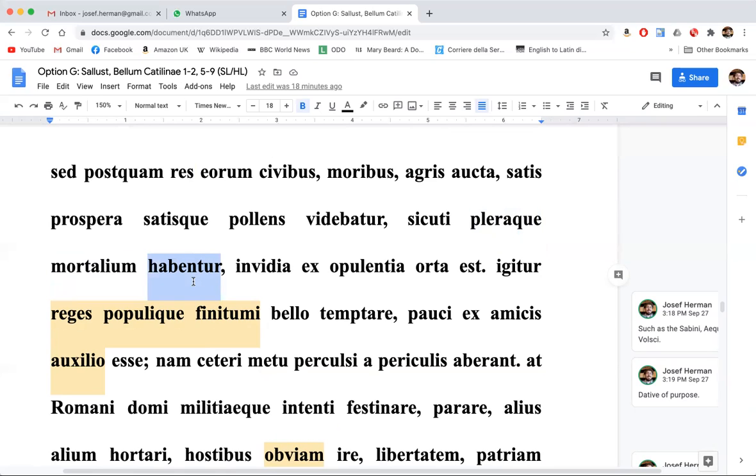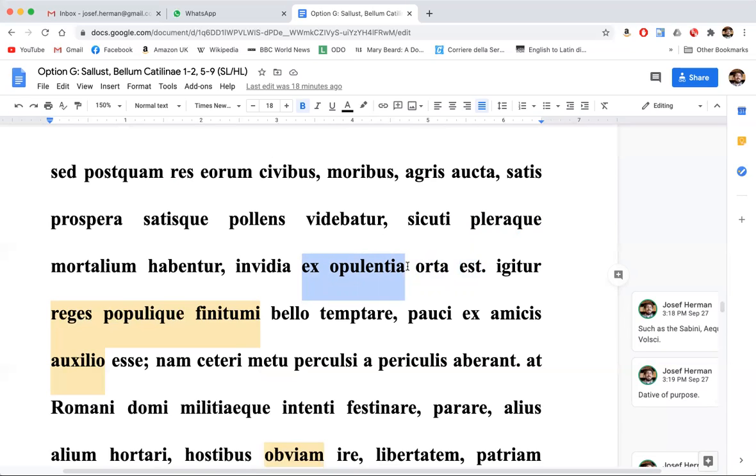So just as normally happens in human life, invidia, envy, grew, orta est, perfect of orior, a deponent verb. Envy grew ex opulentia, out of opulence or out of wealth.